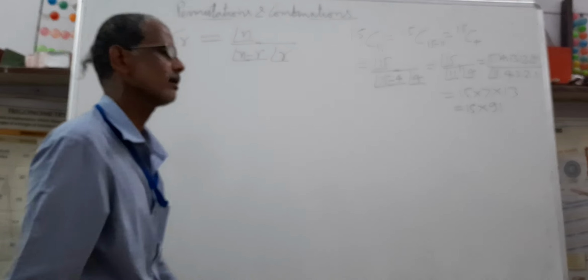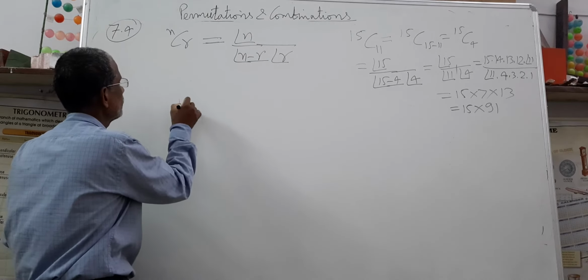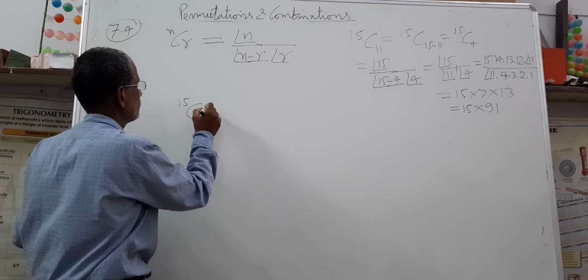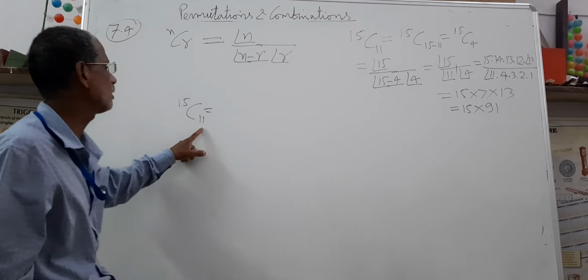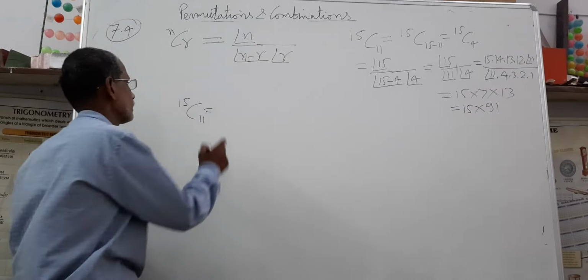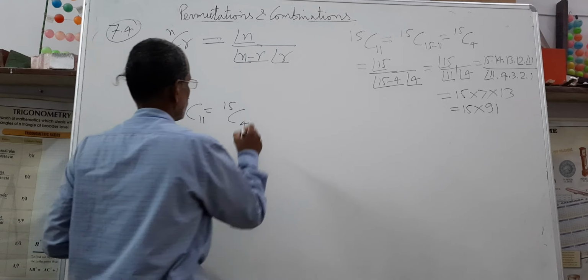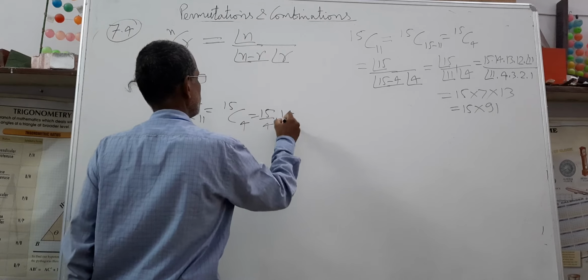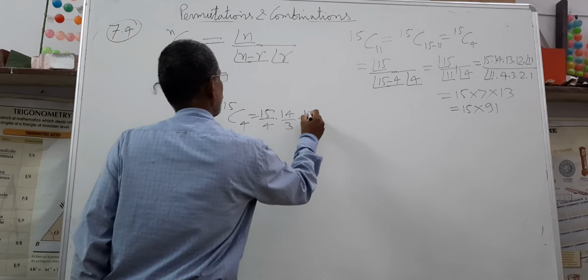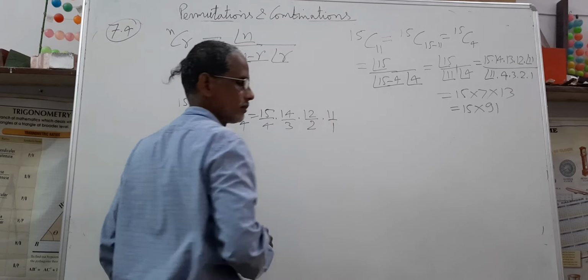This method you can call a working rule, only for numerical purposes, not for theoretical questions. 15C11 is equal to, first of all convert the value of r to less than n by 2, that is 15C4, is equal to 15 by 4, 14 by 3, 12 by 2, 11 by 1.